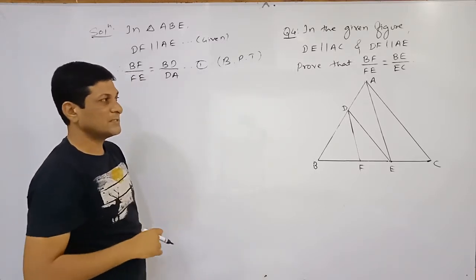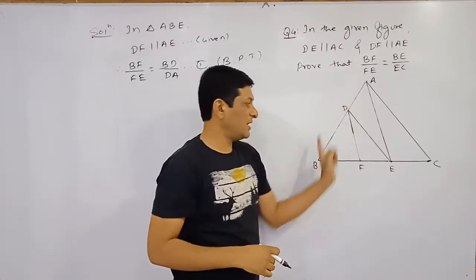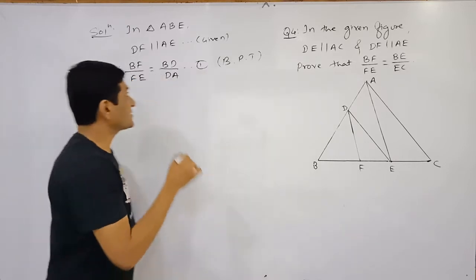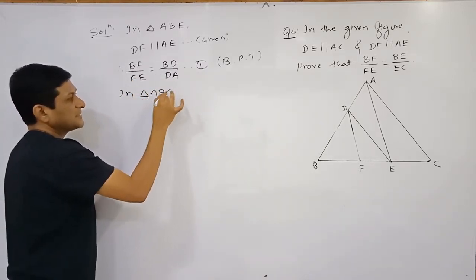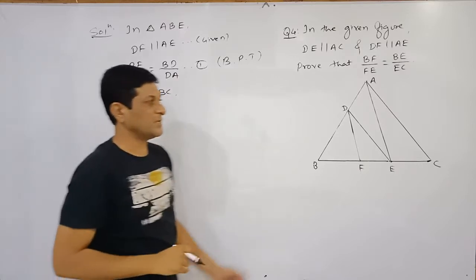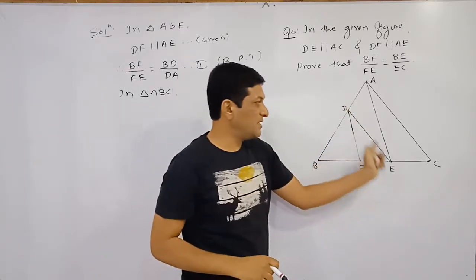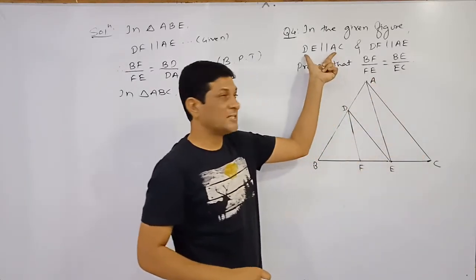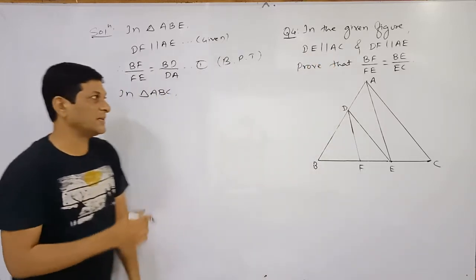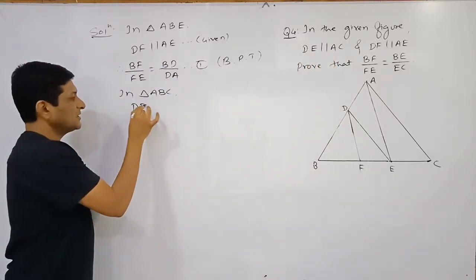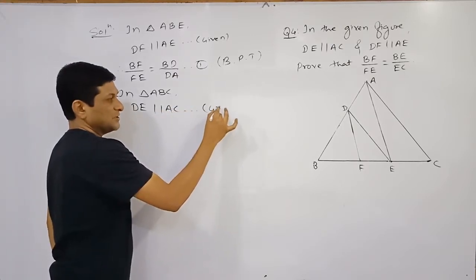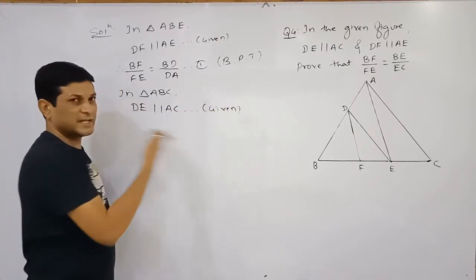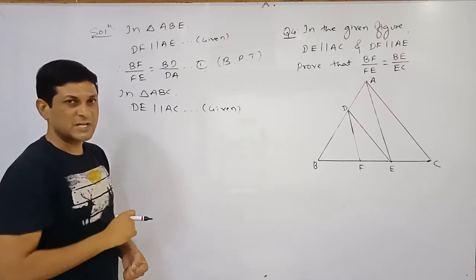Okay. Now we are considering the second triangle. Which triangle? ABC. So in this triangle ABC, observe the given condition. What is the given condition? That DE is parallel to AC. So DE is parallel to AC is our given condition. So again we are able to apply the basic proportionality theorem.